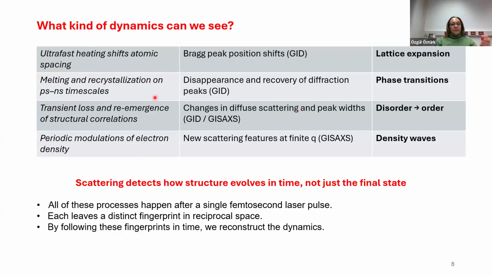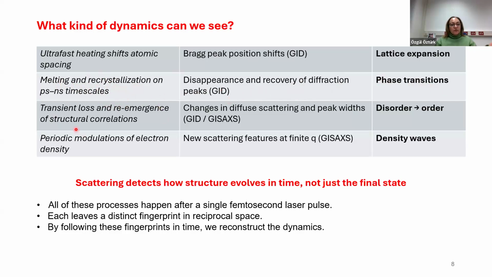Or by melting and maybe a recrystallization on pico and nanosecond time scales, could look like a disappearance and recovery of diffraction peaks. Therefore, you can say you have a phase transition.